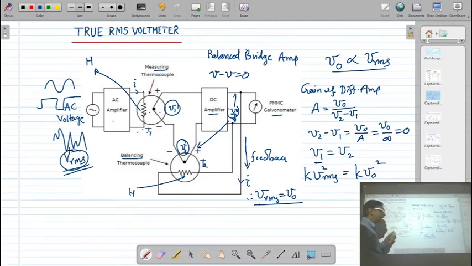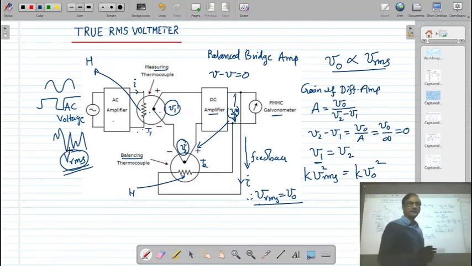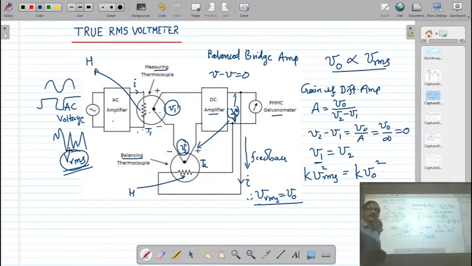Now, this can measure the RMS voltage of a very high frequency also. Remember, here we are not using any active devices. If you have an active device, then it has a certain bandwidth, so it cannot measure the RMS voltage of a very high frequency.